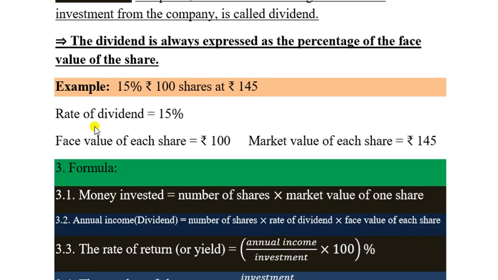That's why I have written here rate of dividend 15%, face value of each share 100 rupees, market value of each share 145 rupees. So these are the basic terms of share and dividend.